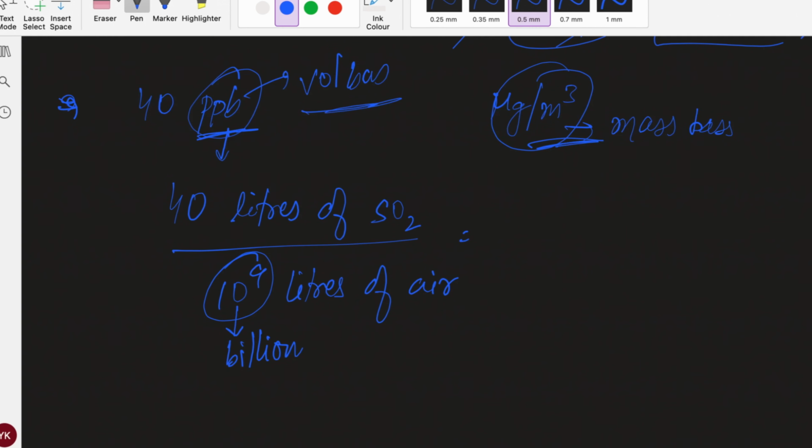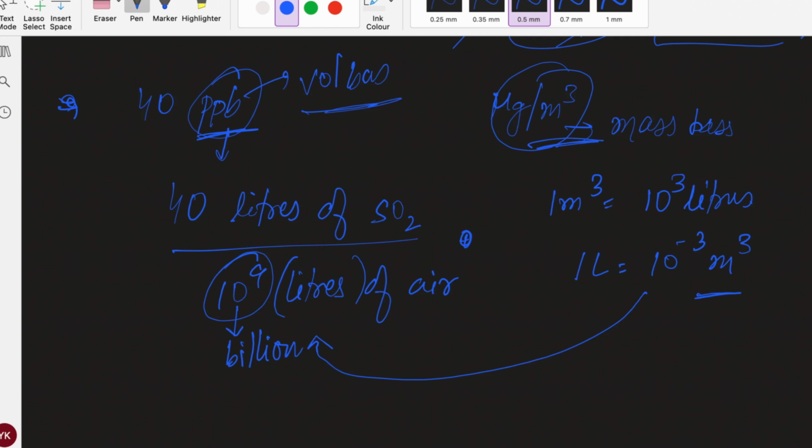Another conversion you should always remember is that 1 meter cube is equal to 10 raised to power 3 liters, or 1000 liters. So 1 liter is equal to 10 raised to power minus 3 meter cube. We can use this directly in place of liters.